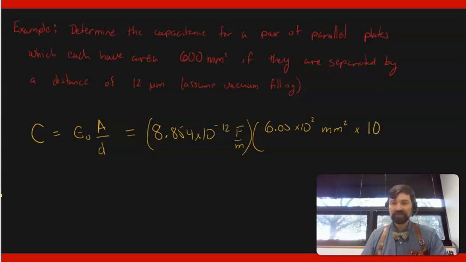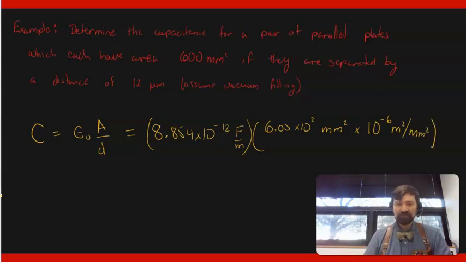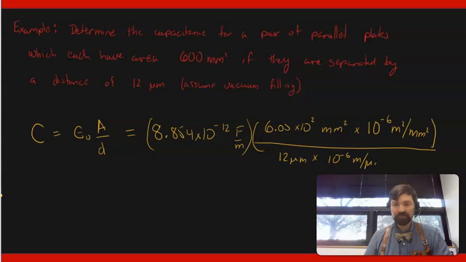So we're looking at 10 to the minus 6 square meters per square millimeter. And then all of that is being divided by that distance, which is 12 microns at a rate of 10 to the minus 6 meters per micrometer.